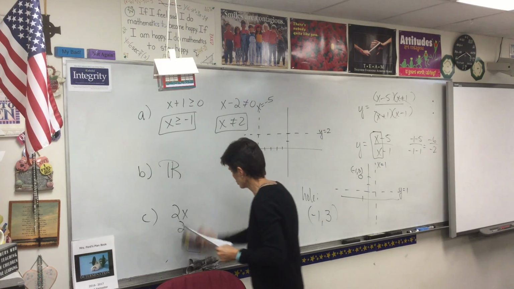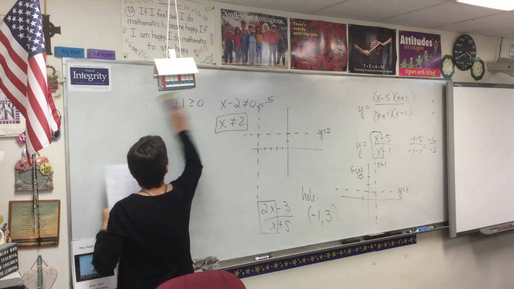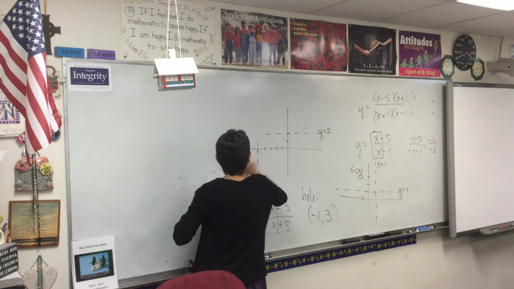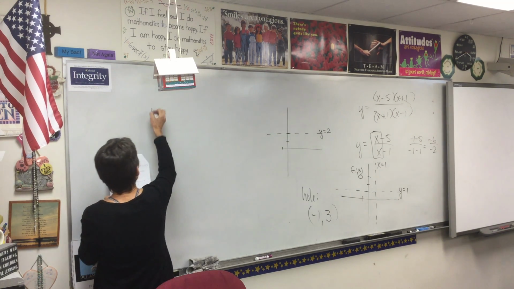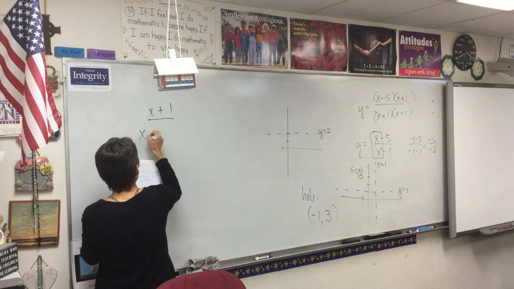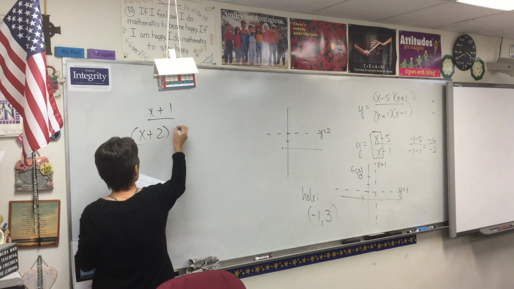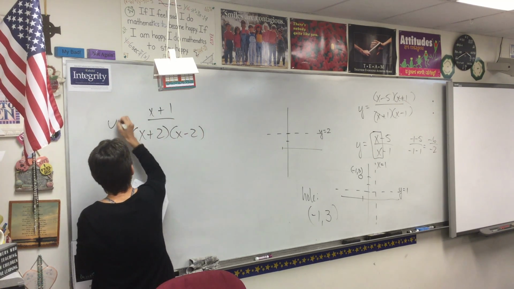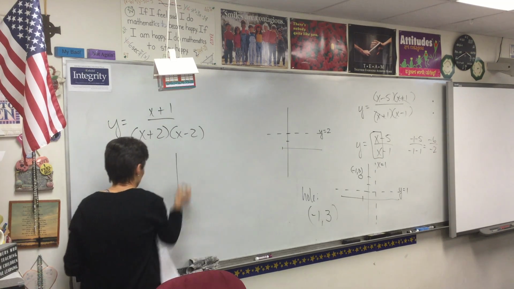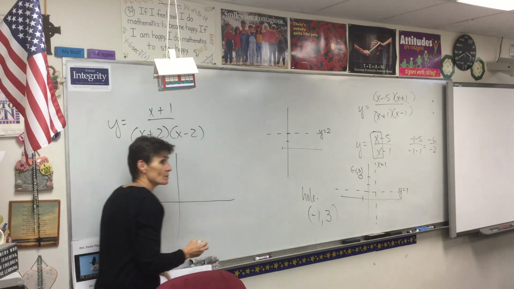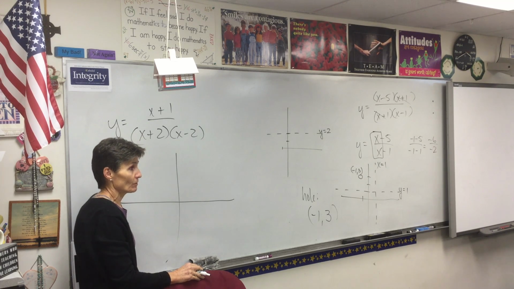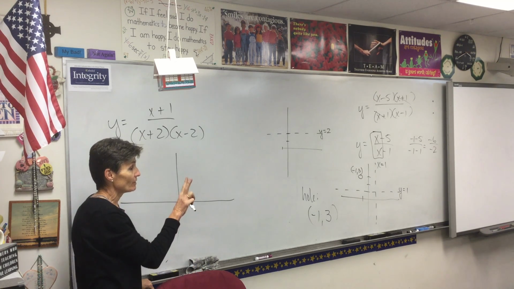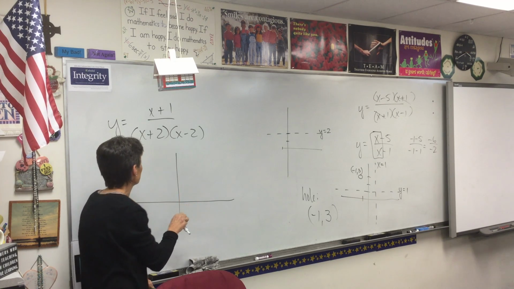Almost done. I promise I'll shut up after we finish this. All right, so we have x plus 1 over x plus 2, x minus 2. Am I going to have any holes? No, because nothing canceled. However, I am going to have two vertical asymptotes.